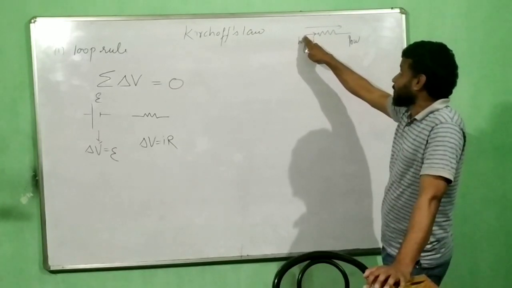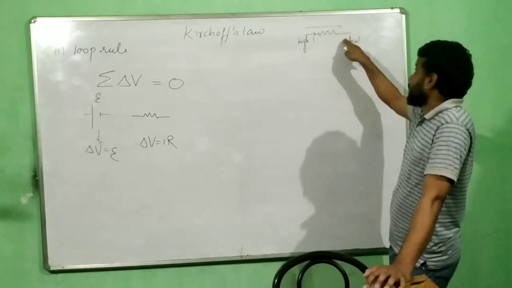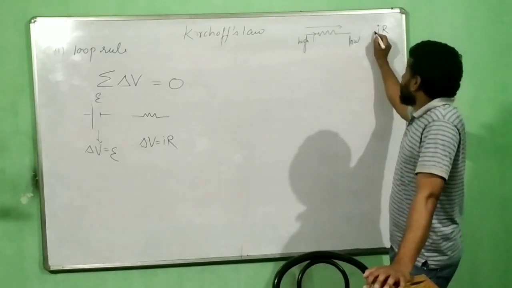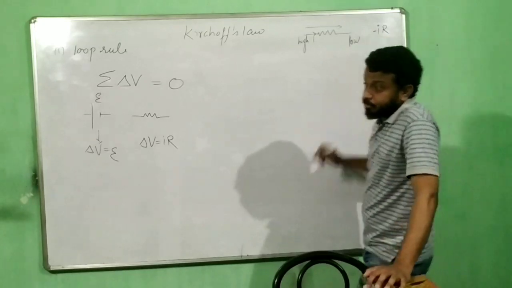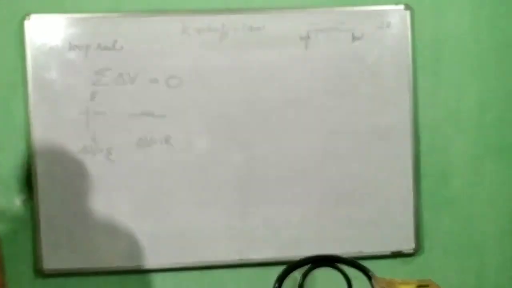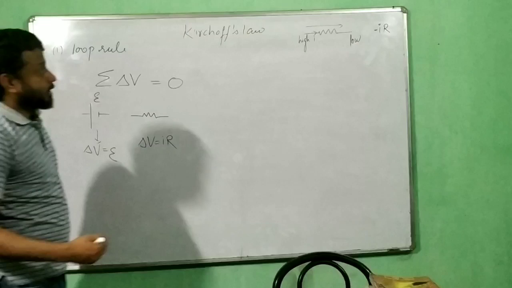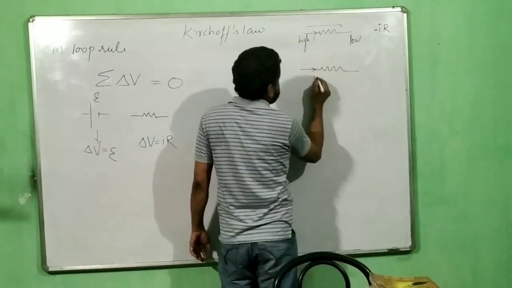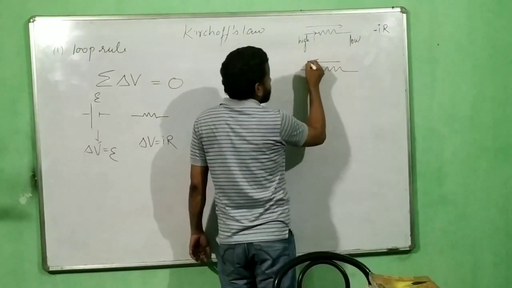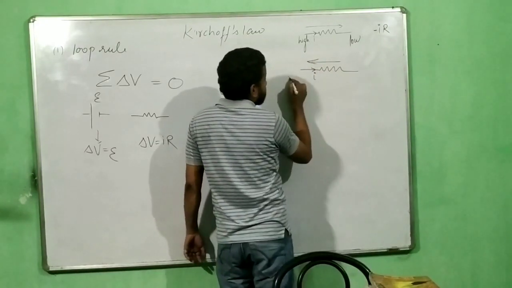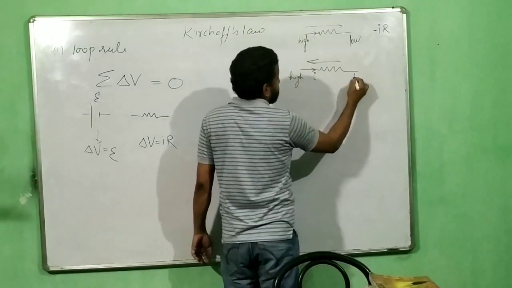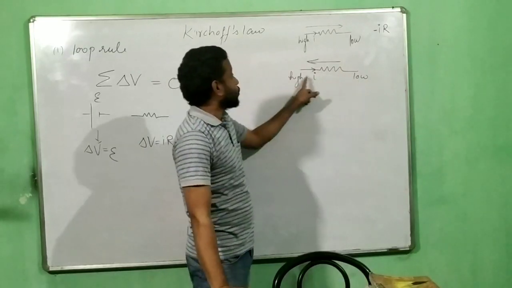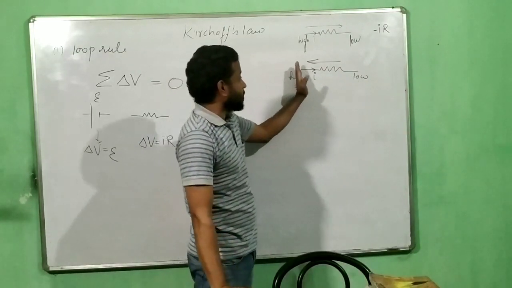So when the current flows from high potential to low potential, in this case, when you write the potential difference as IR, you have to use a minus sign over here. Okay? When you go from here to here, let us say this is your current I, and you are moving in this direction, that means you are moving from low to high, whereas the current is flowing from high to low.